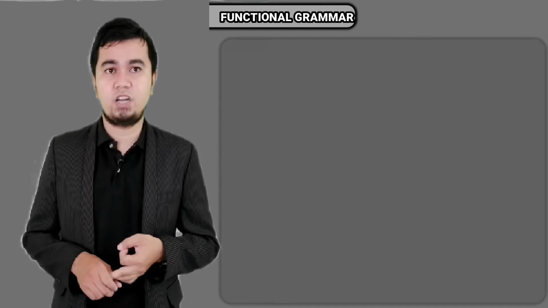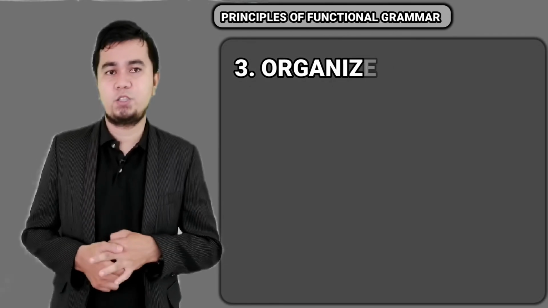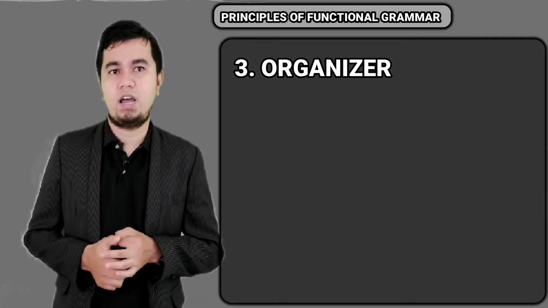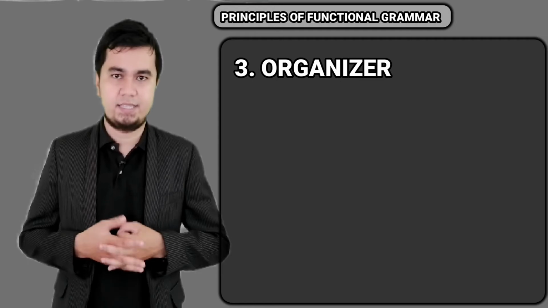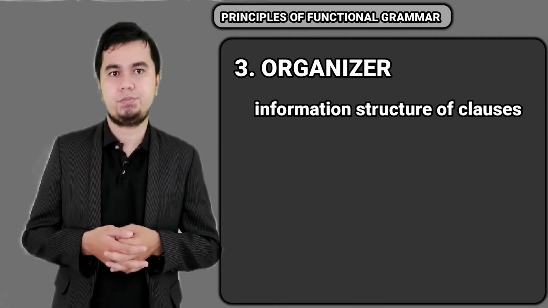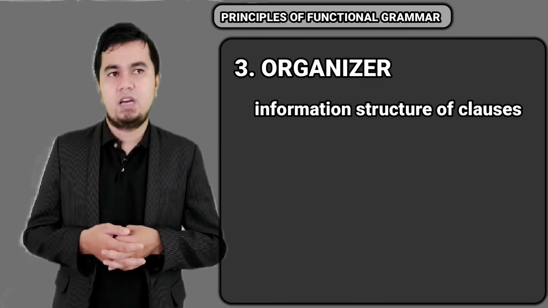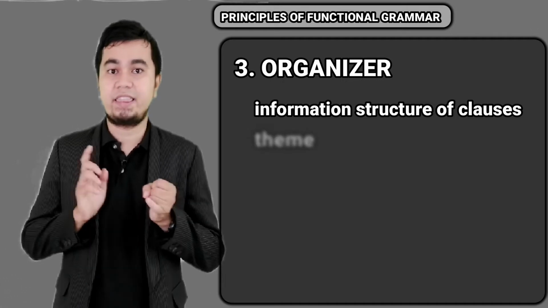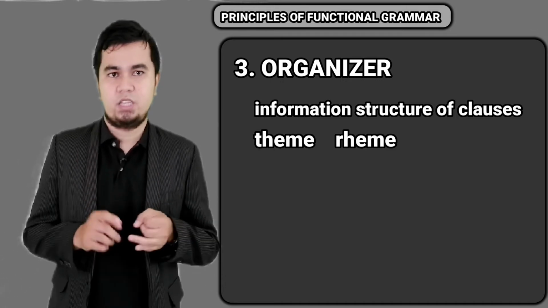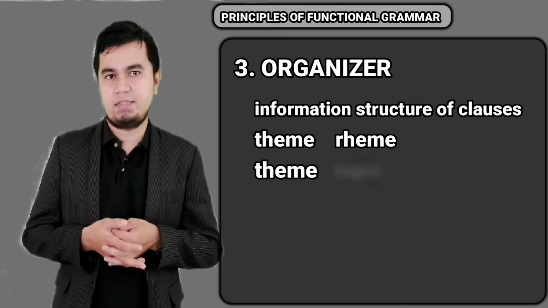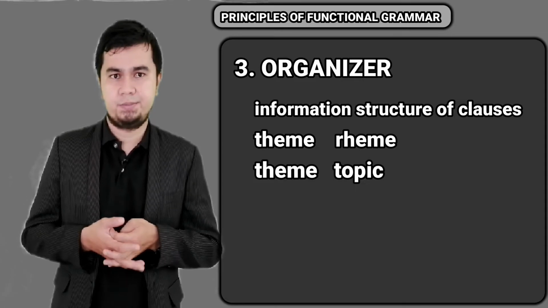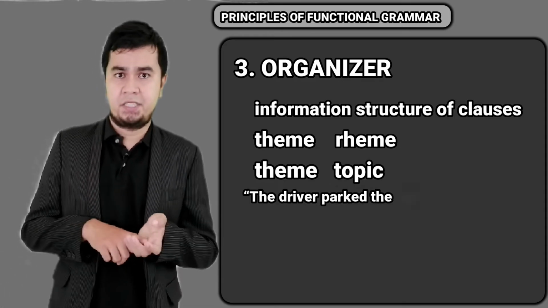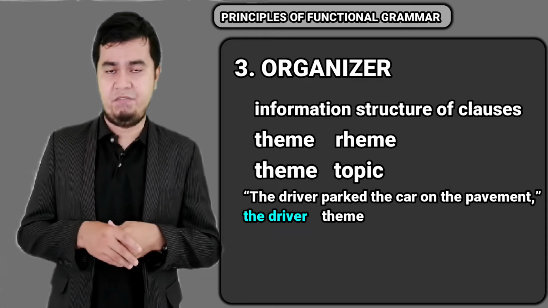The third is the organizer. So functional grammar is also an organizer. In what sense? For example, we are going to organize the structure of a clause into a theme and the rheme. So, take the topic of the sentence, for example, the driver parked the car on the pavement.